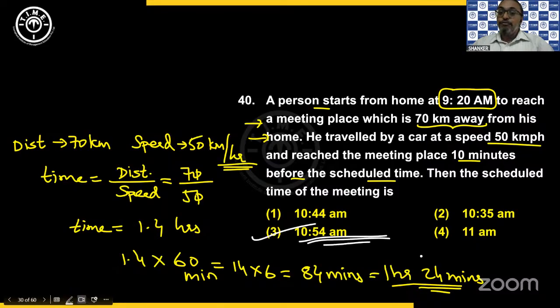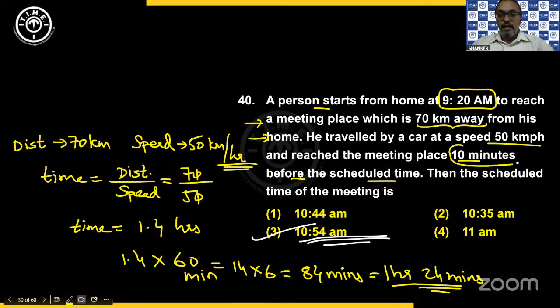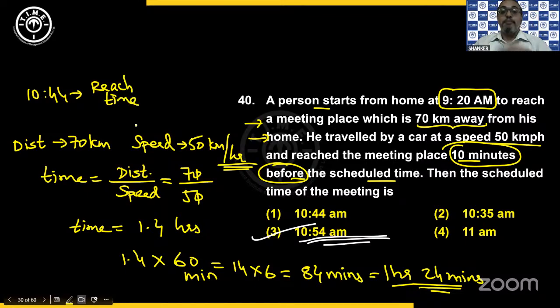It is 10:54 because he said reached 10 minutes before the scheduled time. Do you see the question here? Earlier information was 10 minutes before the scheduled time he reached. So 10:44 is the reach time. That is 10 minutes before the meeting time. So what is the meeting time he is asking? So it will be 10:54.